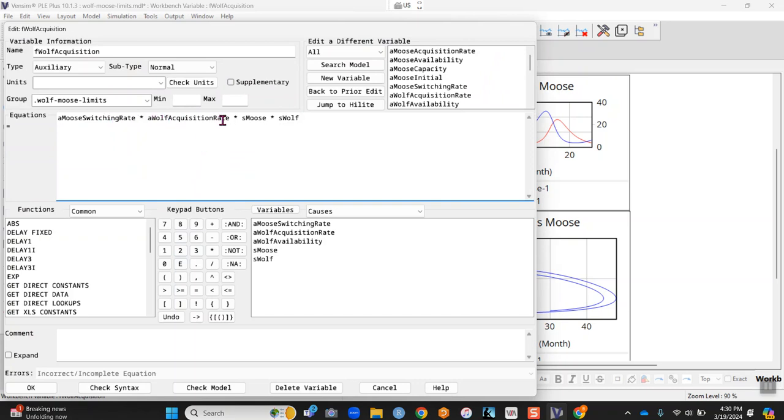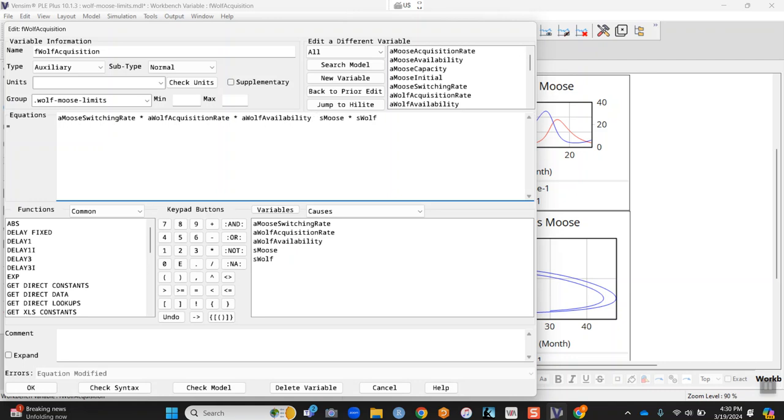Notice the complication here. We already have moose and wolf, but we're going to get another wolf in here. Watch. And that's through availability. Okay. Remember, that's a function of wolf stock.